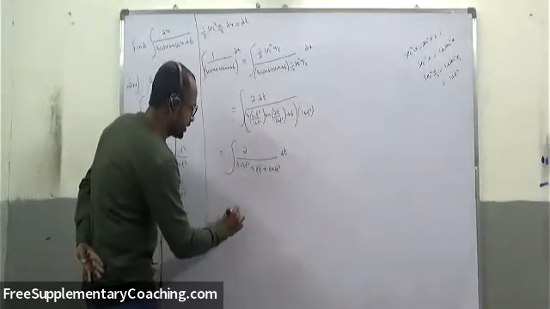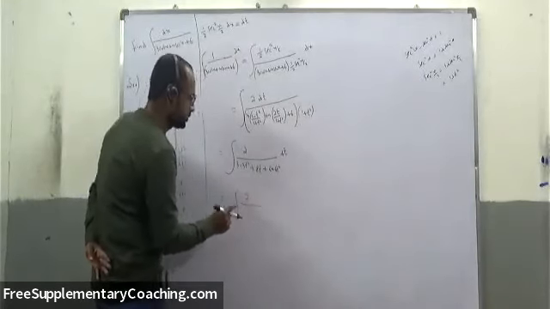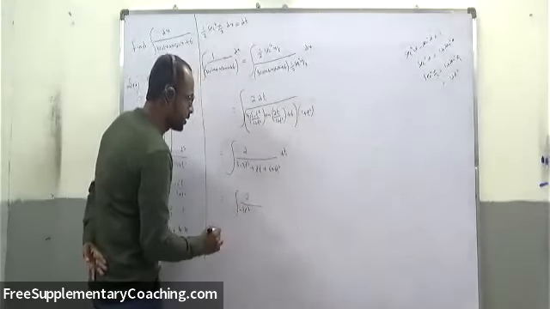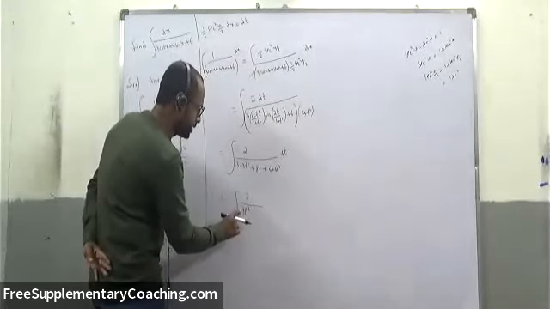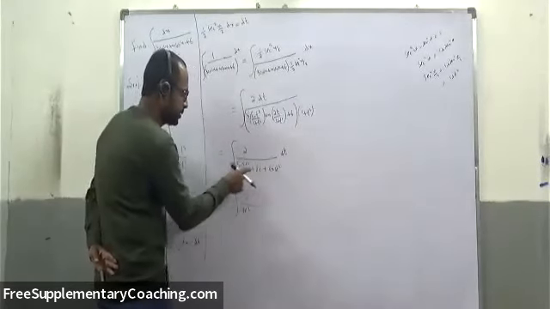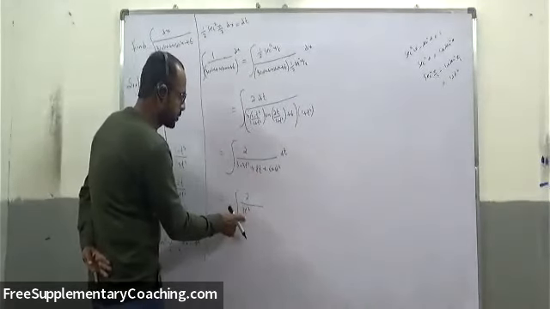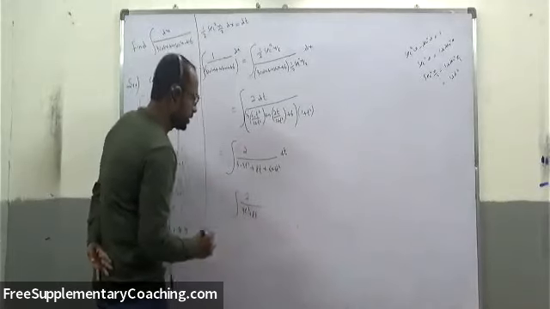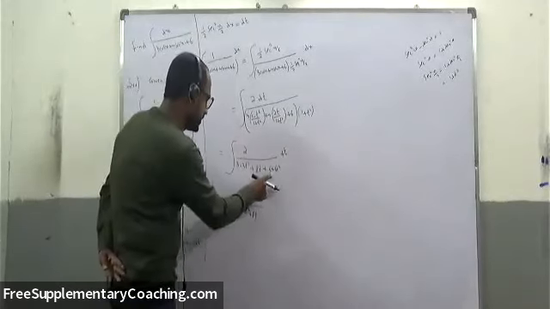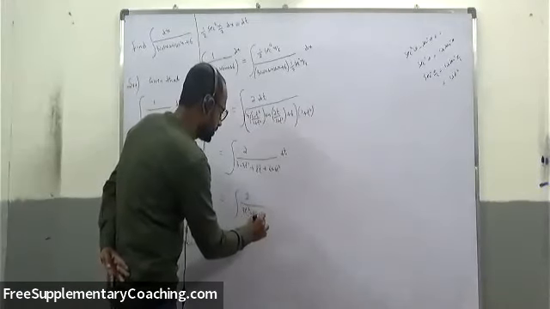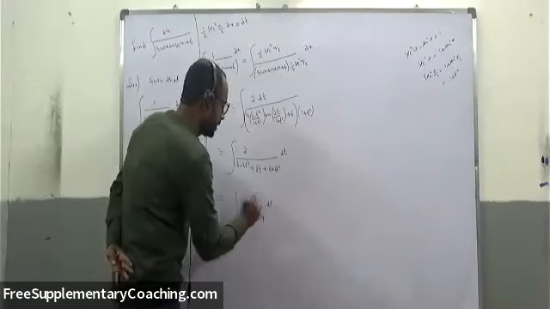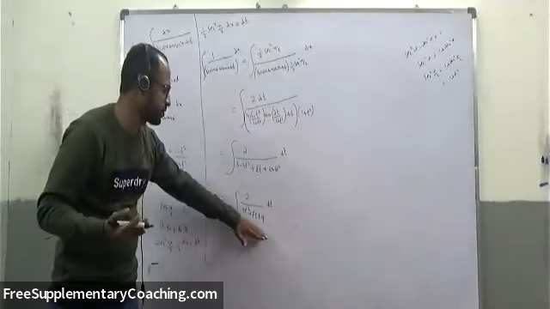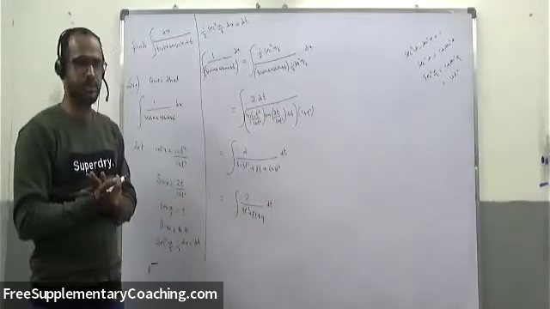I can write integral 2 by minus 3t square plus 6t square is plus 3t square, 6t square minus 3t square is 3t square, plus 8t, plus 6 plus 3, 9, into dt. Finally, after simplification, we have got 3t square plus 8t plus 9.